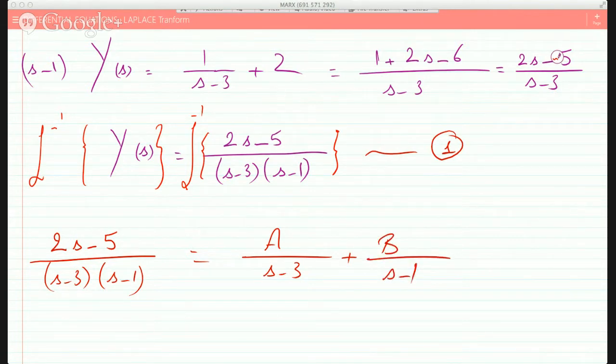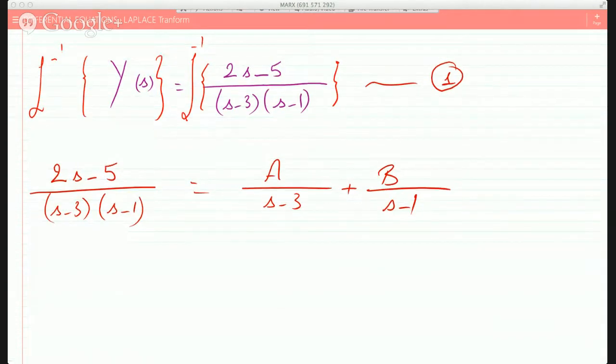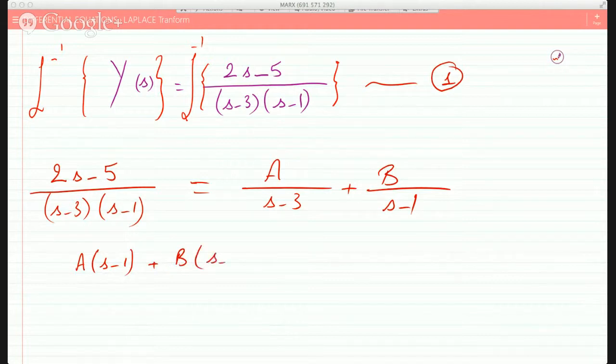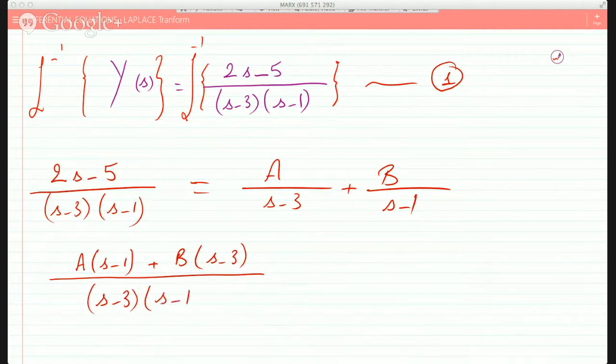And now the objective is to find what those A and B are. Okay? So now we're going to do a common denominator. So A multiplies the s minus 1, and B multiplies the s minus 3, over s minus 3 times s minus 1, equals the original.